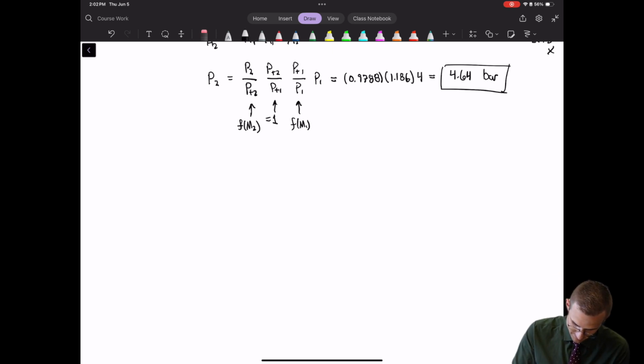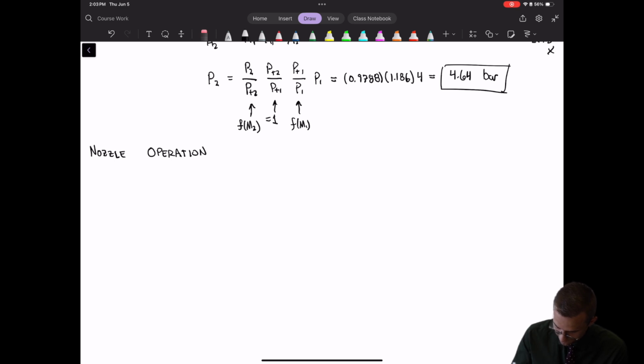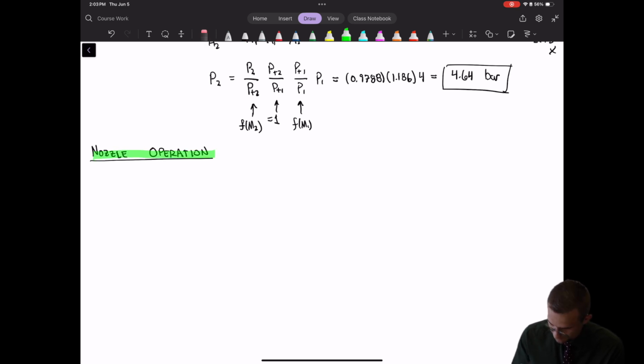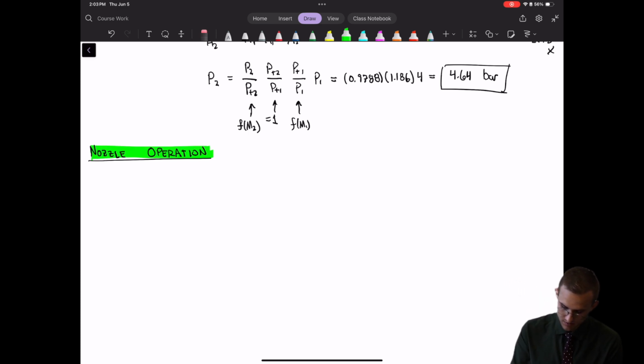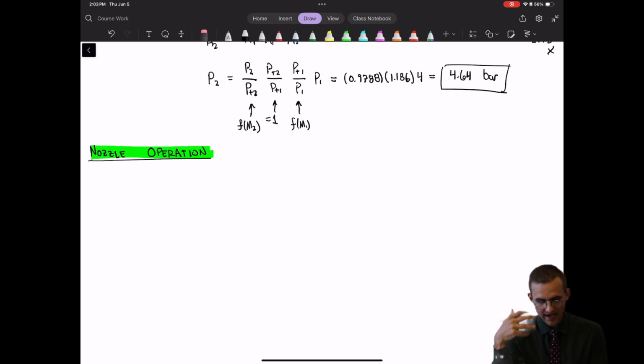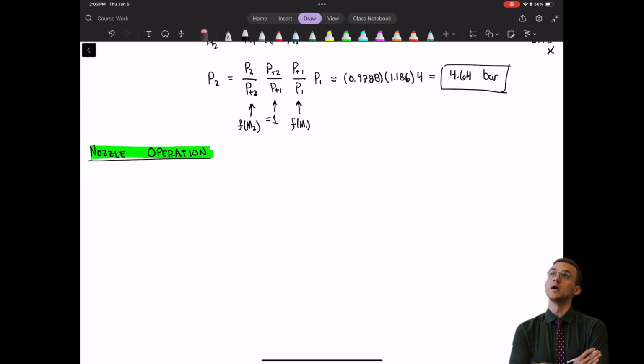Let's move on and have a discussion about nozzle operation. Remember in the last lecture we had a discussion about choked flow, and I may not have actually written that down. Choked flow, as a definition, is when you have Mach 1 flow at the plane of minimum area.